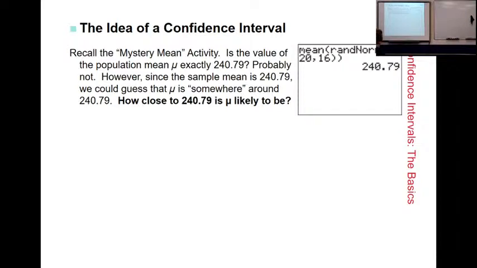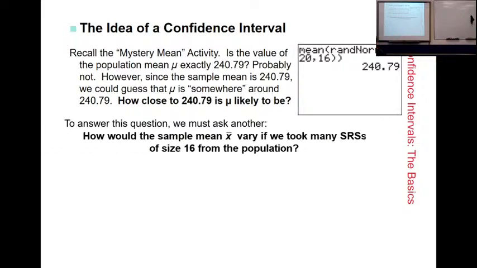It is probably somewhere in that 240 range that we actually got for the mean. And so what we're going to do is use this 240.79 as the center of my estimation of where I think the mean actually is. So we're going to use this sample to make a guess at what the actual population mean is.